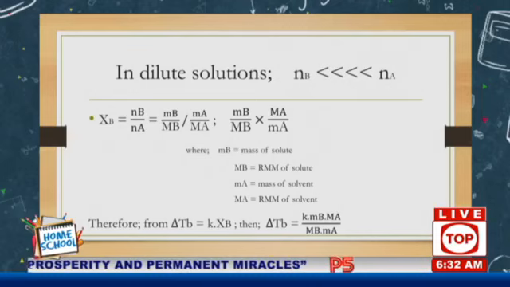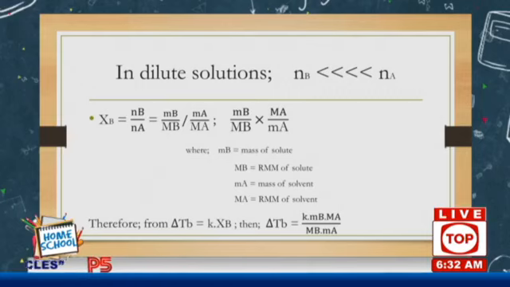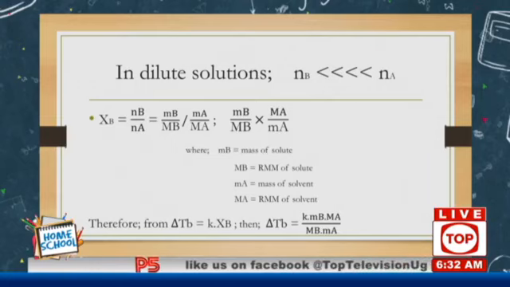We said number of moles of anything is equal to mass given divided by relative molecular mass. As you can see there, mass of the solute divided by relative molecular mass of the solute, mass of the solvent divided by relative molecular mass of the solvent. I've defined those terms.